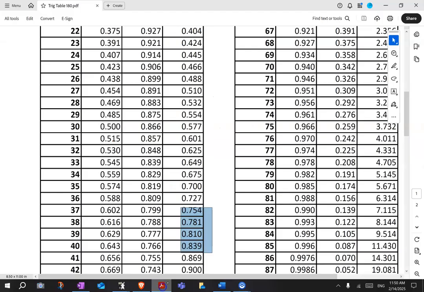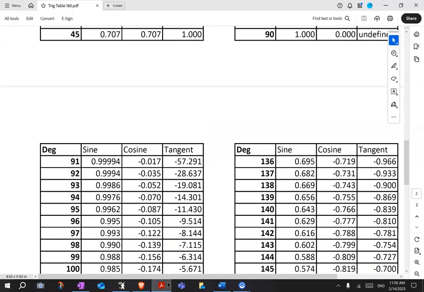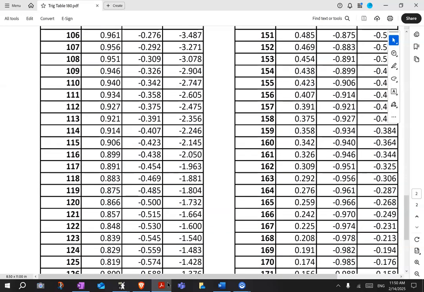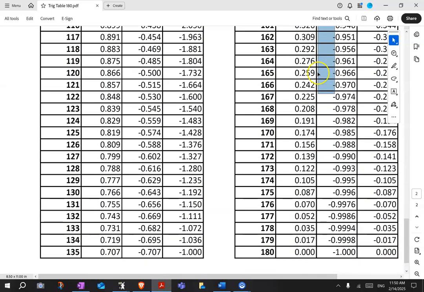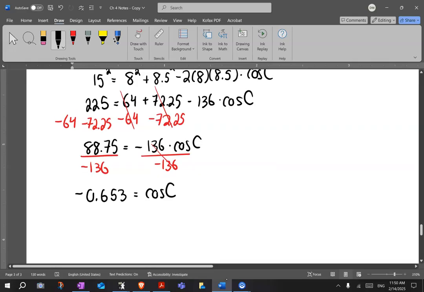So I'll look up cosine of negative 0.653 on the second page. Okay, around 131. So I'm just going to say it's approximately 131. That's what's nice about cosine. There's only one option.